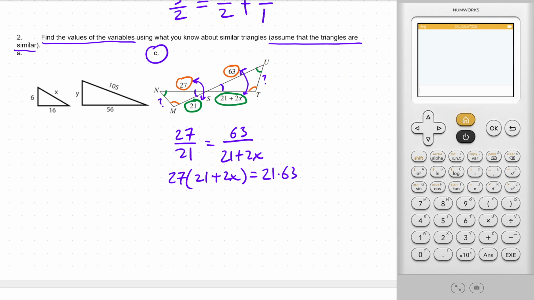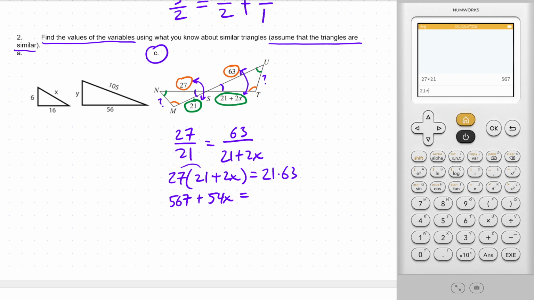I'll go ahead and use my calculator just so I don't make any mental math errors. 27 times 21 is 567. And 27 times 2, pretty confident that's going to be 54x. Is equal to 21 times 63.